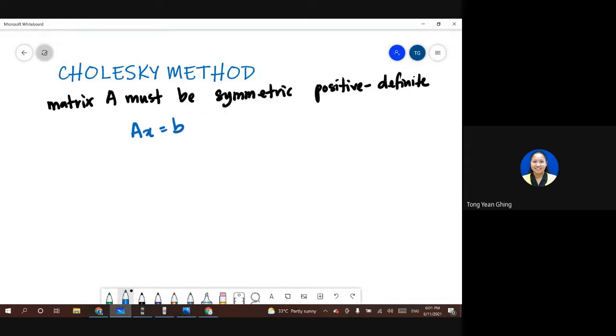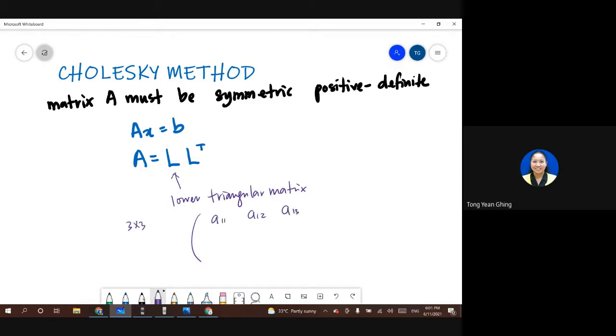For the Cholesky method, we have to make A become L and L transpose, where L is the lower triangular matrix. Let's say we have a 3 by 3 matrix with A11, A12, A13.